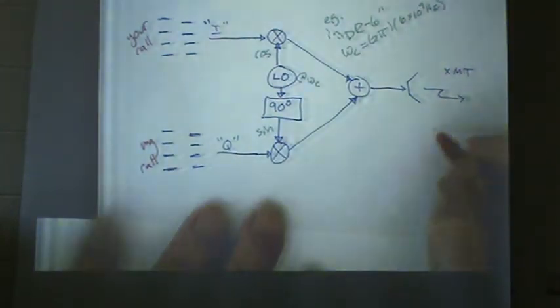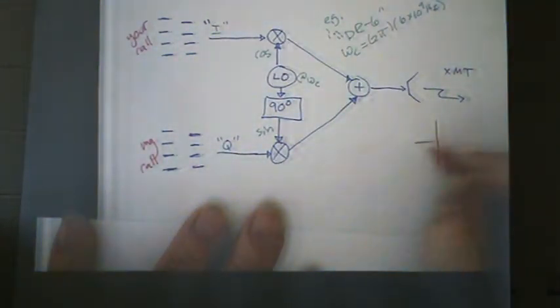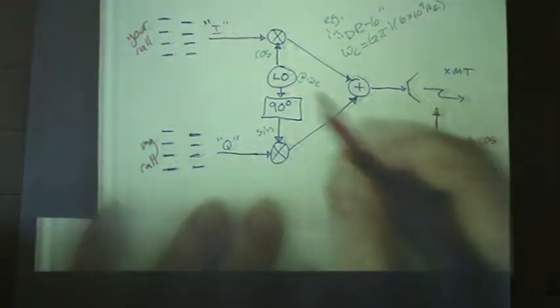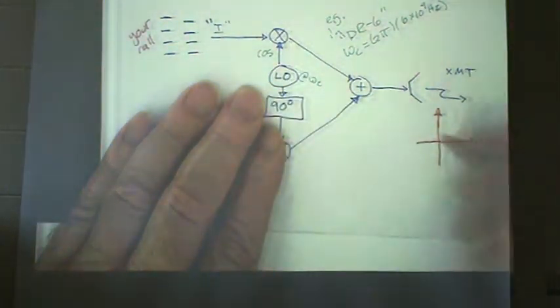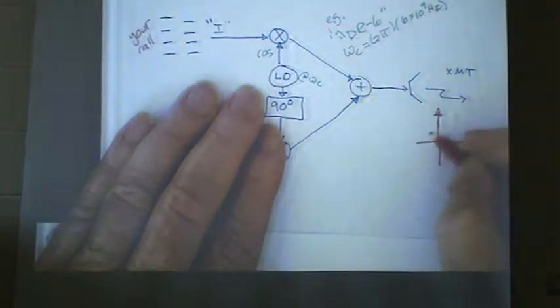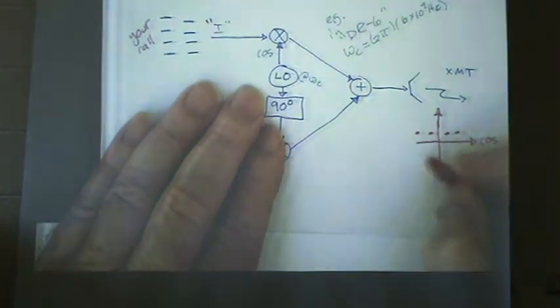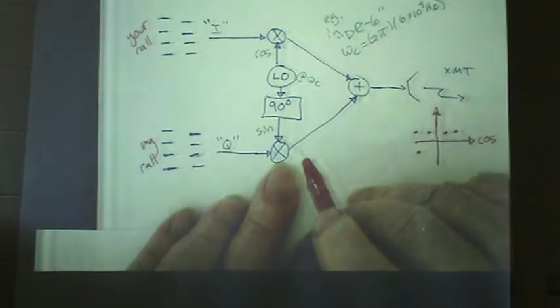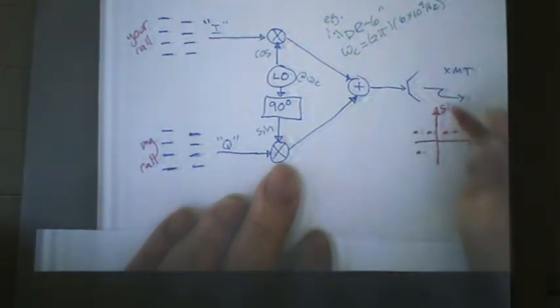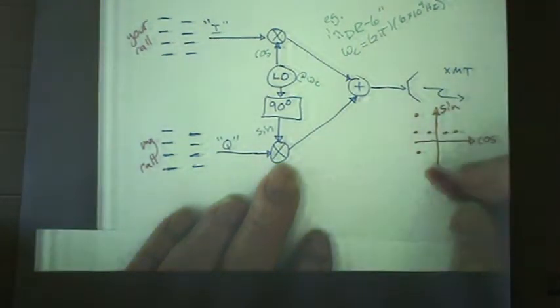When I transmit that, now I've got the signal constellation here. Let's draw that. On the cosine, I've got 4 levels. So instead of just plus or minus 1, maybe I have plus or minus 3 as well. But likewise, on the sine wave part of it, I've got 4-level AM.